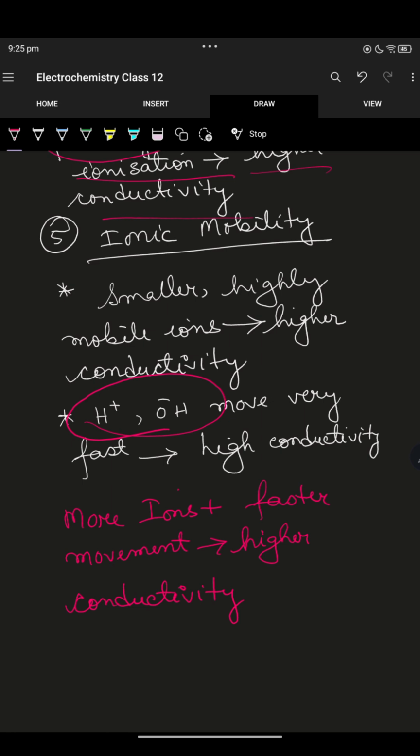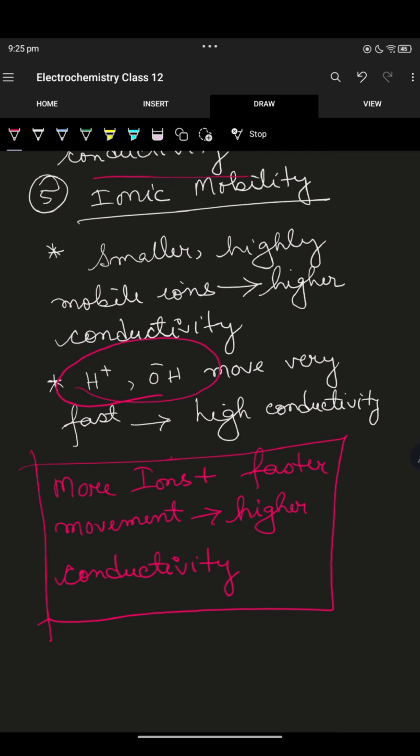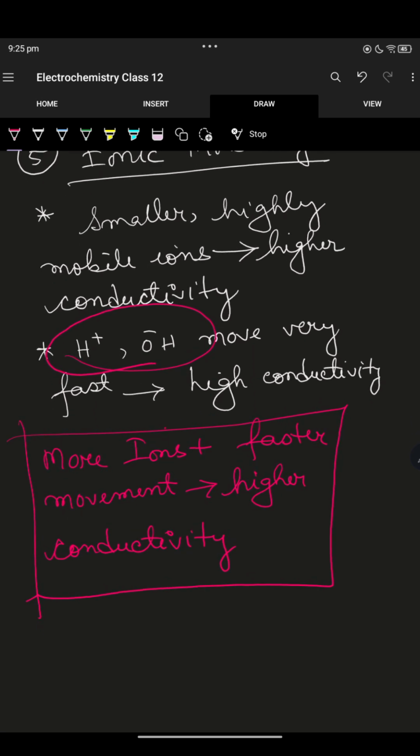So what we can say by summing up the factors, more the ions, faster the movement of the ions, higher is its conductivity. So conductivity actually depends on number of ions in the medium and also its ionic mobility.